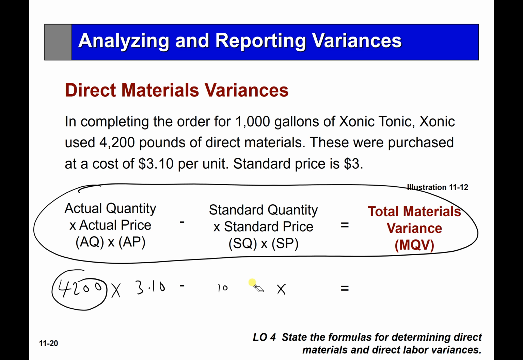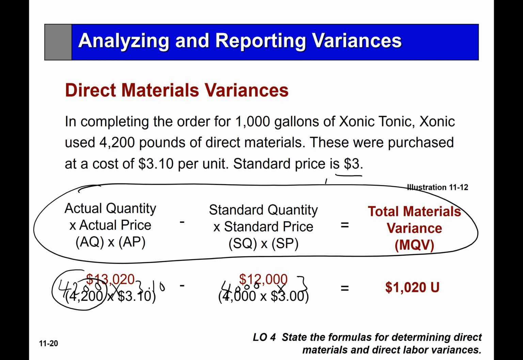So I'm going to clean this off and put 4,000 here, multiplied by the standard price, which is given here, $3. It was given before too. If you do that calculation, your number should come out to be 1020.